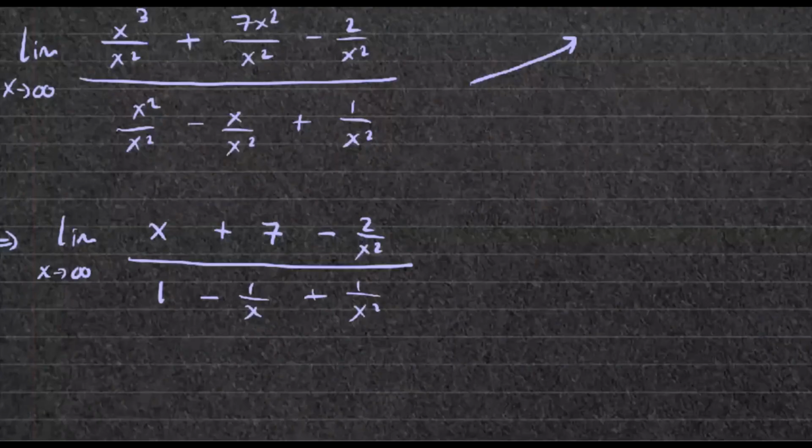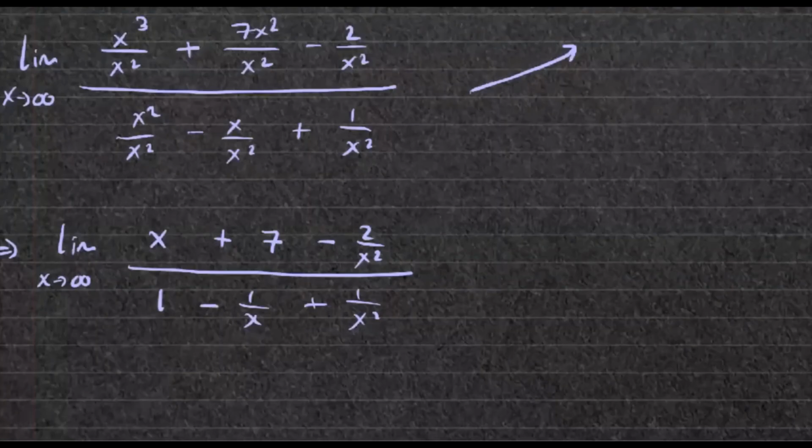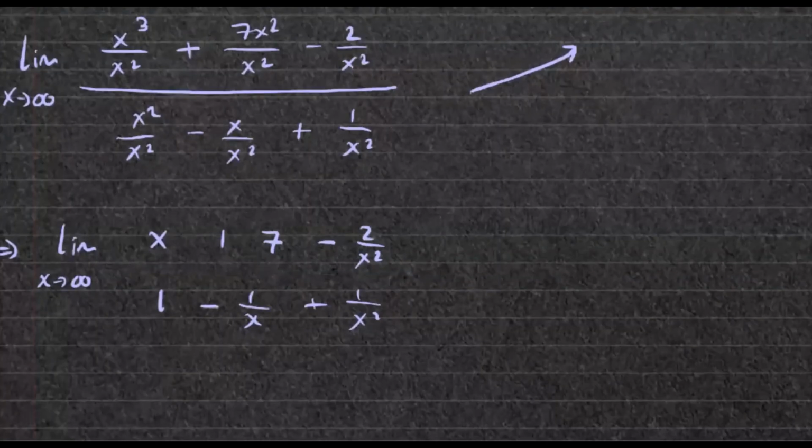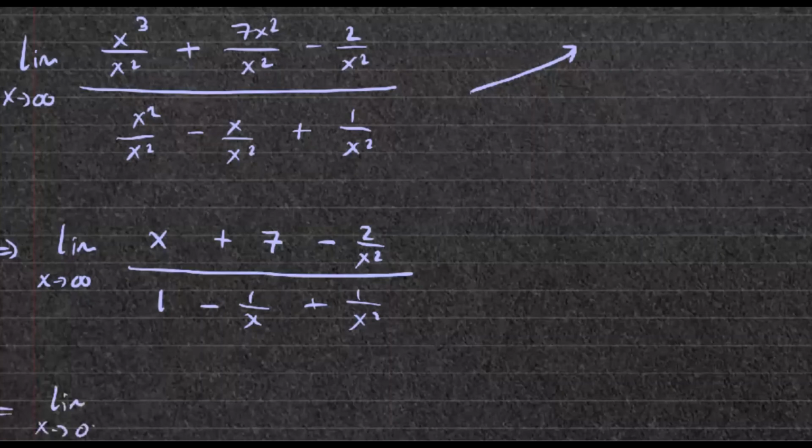Now let's take the limit as x goes to infinity. As x goes to infinity, this limit is just a constant. So the second one, we have the limit as x approaches infinity of x plus the limit of a constant, that's just the constant. And this limit right here is going to be 0 because x is infinity on the bottom.